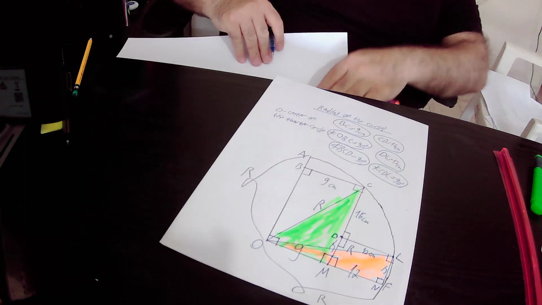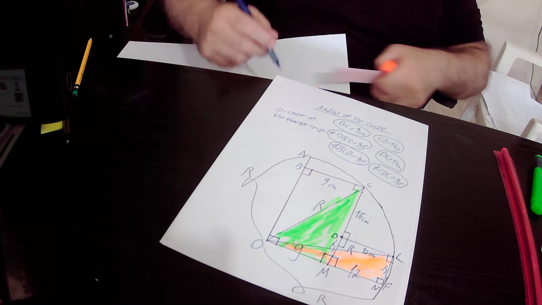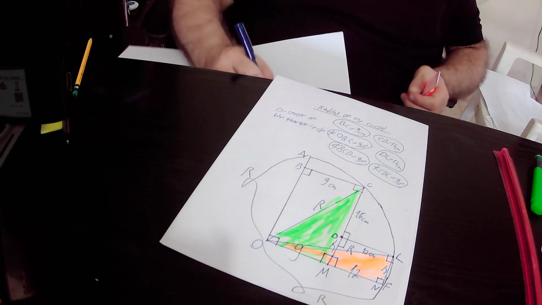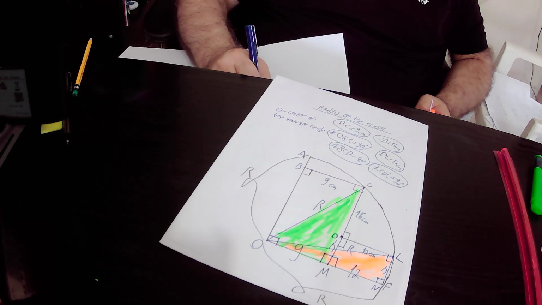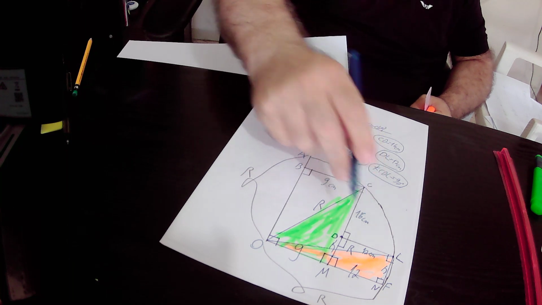So OL squared equals LN squared plus ON squared.